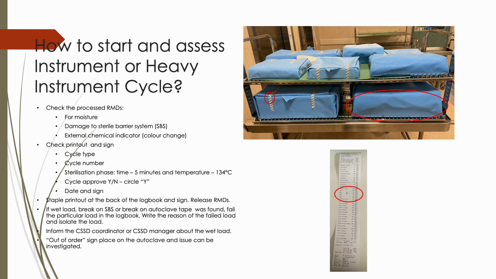You need to open the failed sterilized RMD and put it back into decontamination for reprocessing. Next, inform the coordinator and manager of the wet load and place an out of order sign on the autoclave so the issue can be investigated.